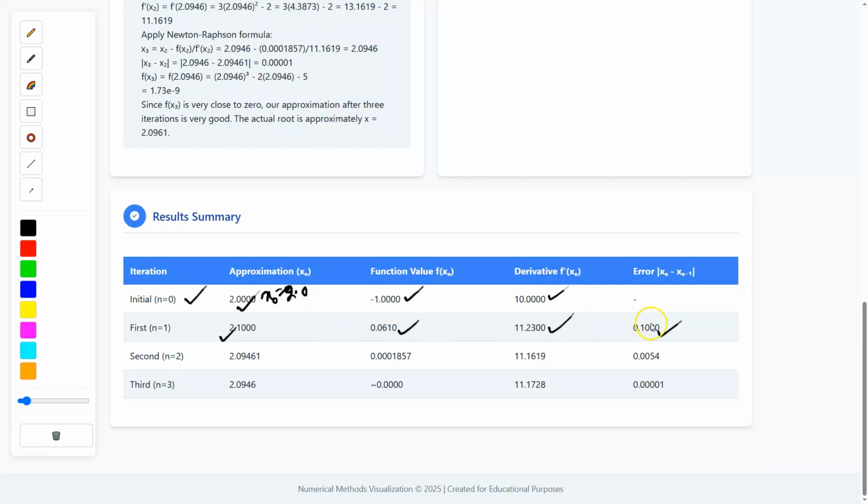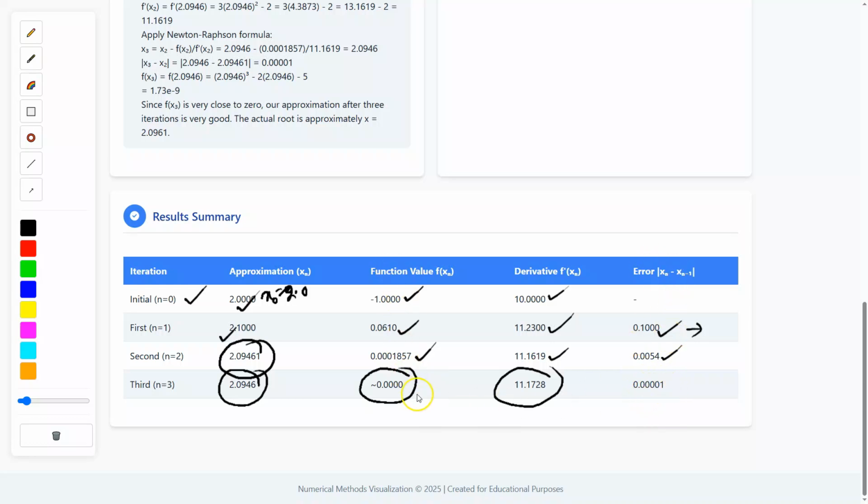Then again with the Newton-Raphson formula, the function value is 0.001857, the derivative is 11.1619, and the error is 0.0054. Then again the formula gives the root 2.0946, the function value is nearly 0, the derivative is 11.1728, and the error is about 0.